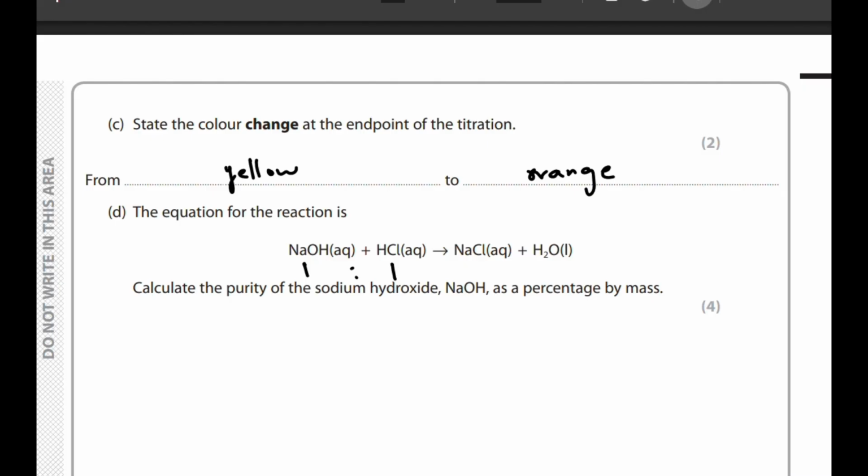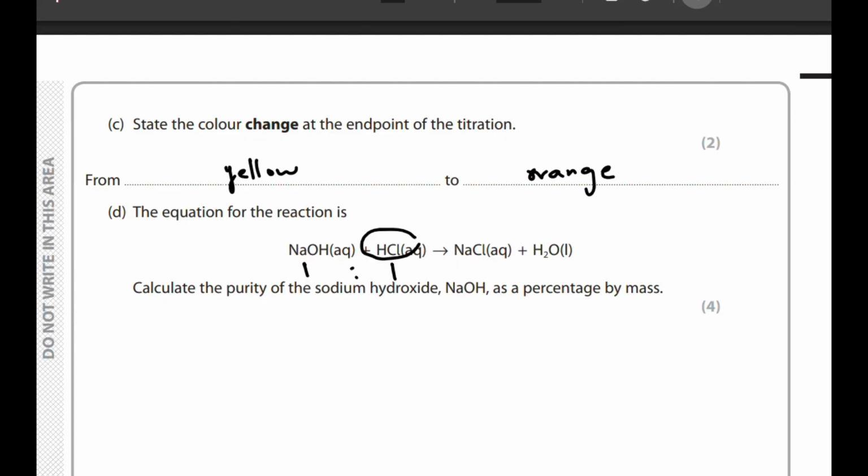So how can we calculate the mass? We can calculate that from molar mass and the number of moles, but we don't have the number of moles of sodium hydroxide. So for that we need to calculate the moles.